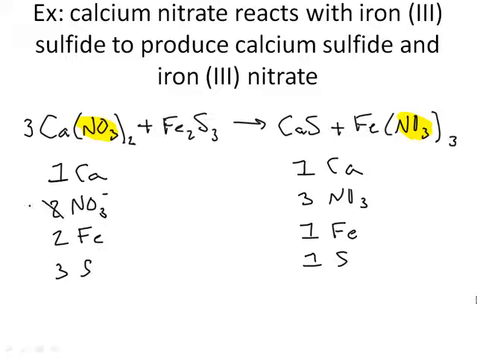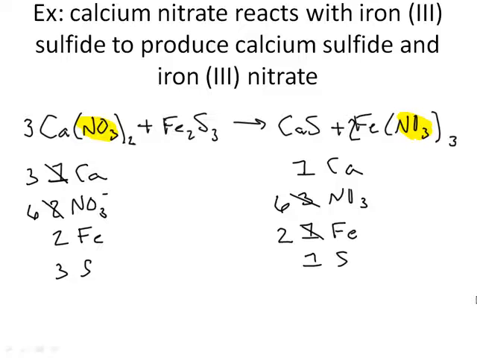That changes my nitrates to 6. Changes my calcium to a 3. Over on the product side, I had 3 nitrates. Turning into 6 would require putting a 2 there. So now 6 nitrates, but my iron has been affected. In a good way, though, because now look what you see with the iron. It's been balanced.